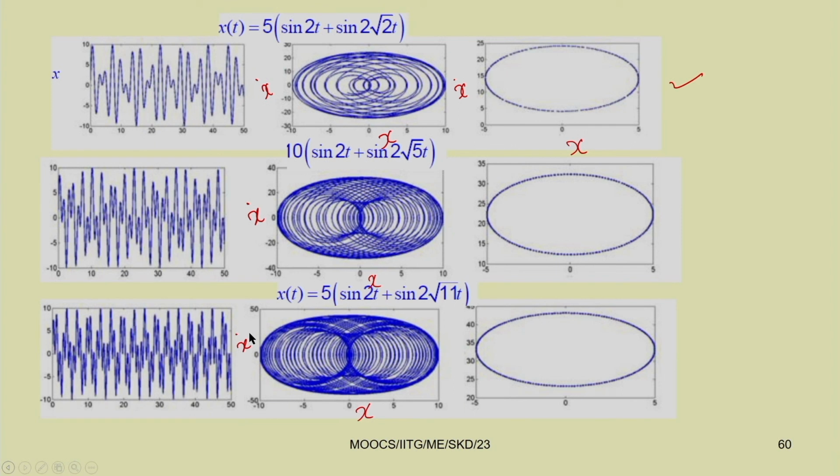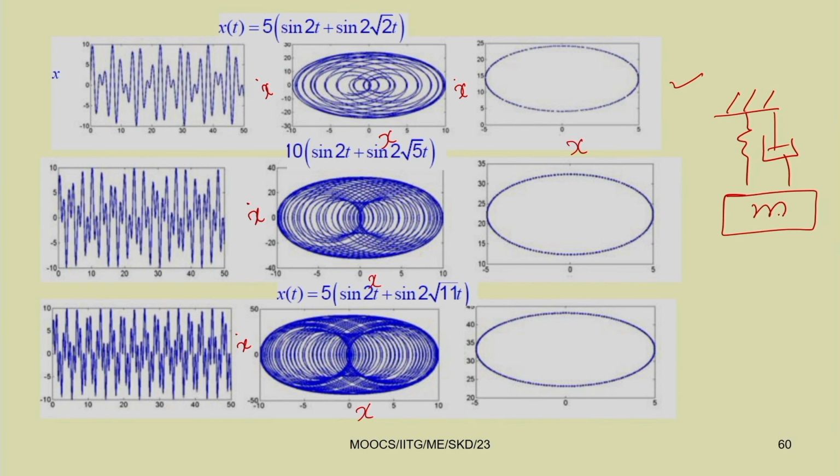So, how do we generate this type of response in a vibrating system particularly? If you are interested in a vibrating system, for example, let us take the simple spring mass damper system subjected to multi harmonic excitation.